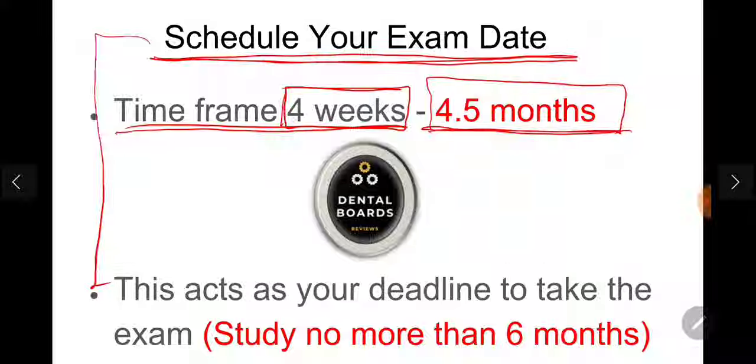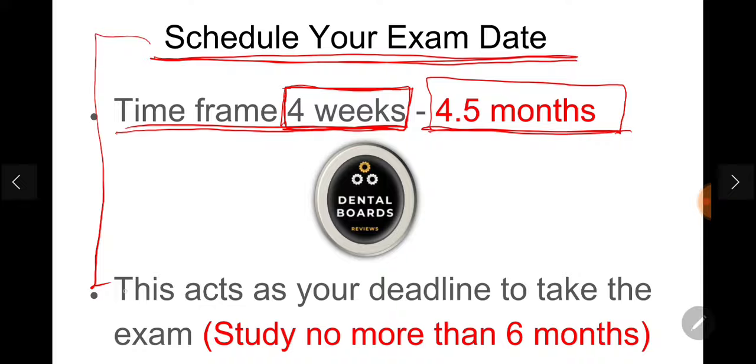And if you are a graduate of the US, you can schedule the exam at least within 4 weeks. Yes, you can take longer. You can even take 4 months if you want. But I think your basic knowledge is good enough for you to focus on the second part, which I'm going to show you.